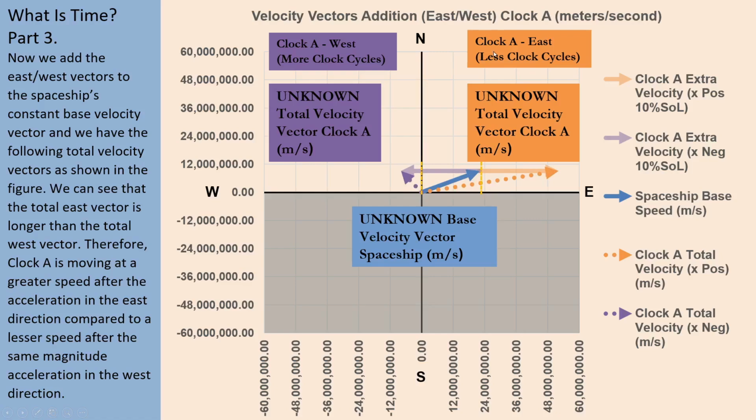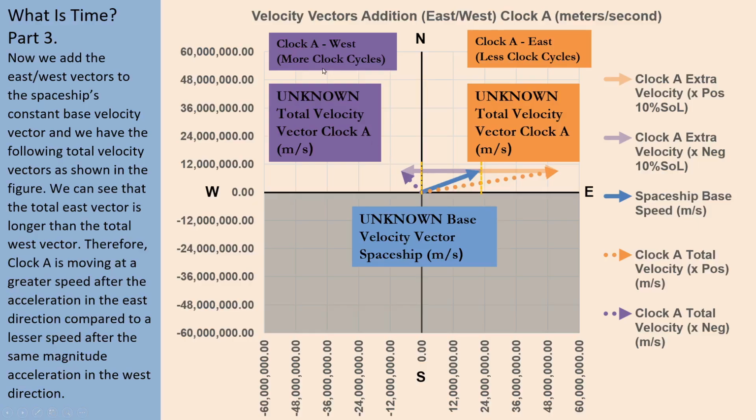But what we do know is how many clock cycles were recorded by clock A in each of the two tests. Clock A recorded less clock cycles when moving in the east direction. Clock A recorded more clock cycles when moving in the west direction.